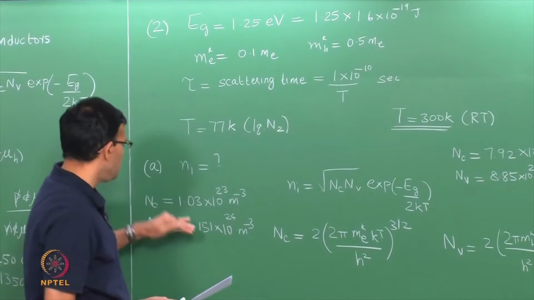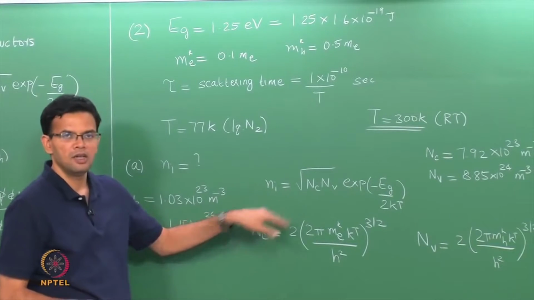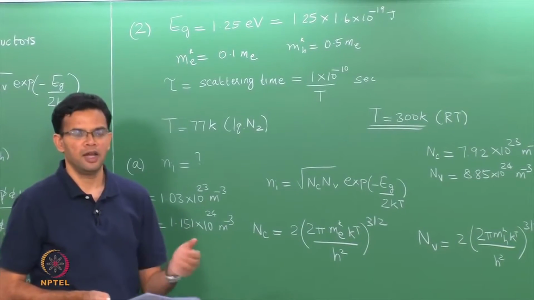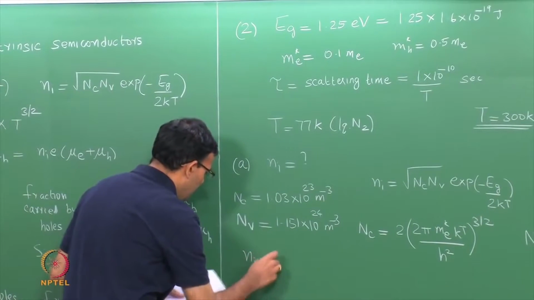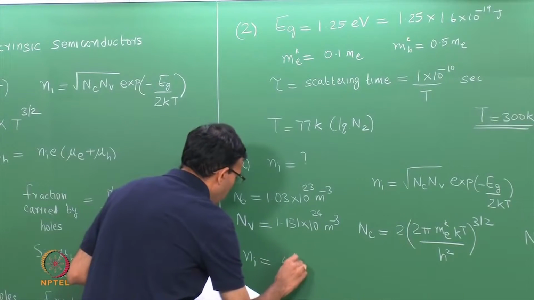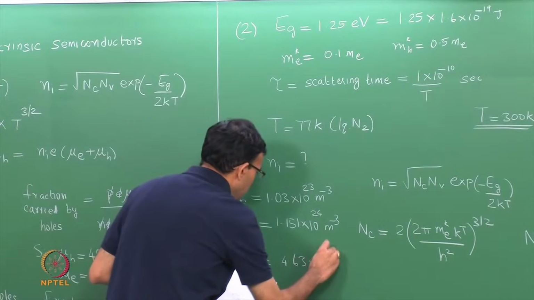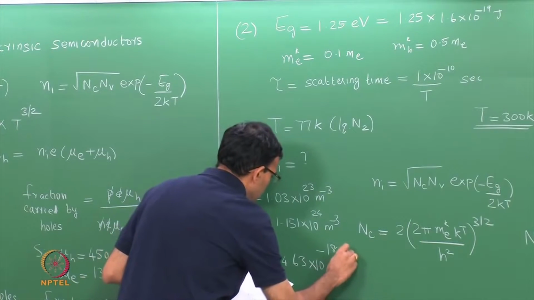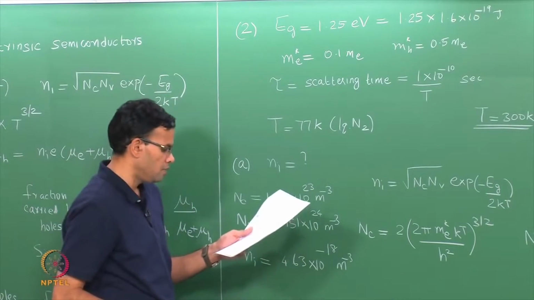So, we can substitute these values of Nc and Nv in this expression and calculate the value for Ni. Let me just write that down. Ni at 77 Kelvin is 4.63 times 10 to the minus 18 per meter cube. So, that is a really small number.